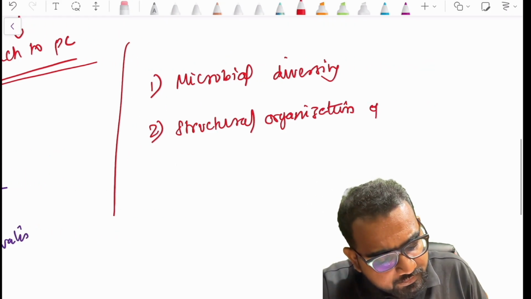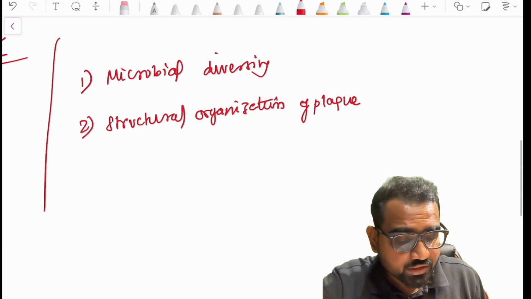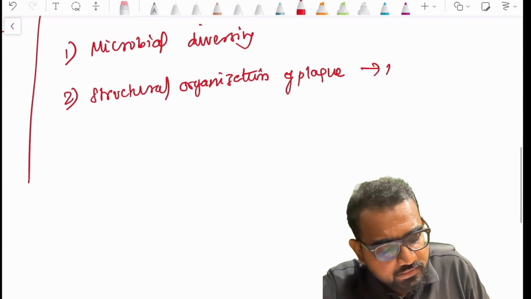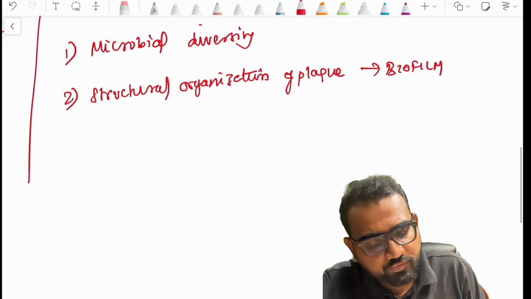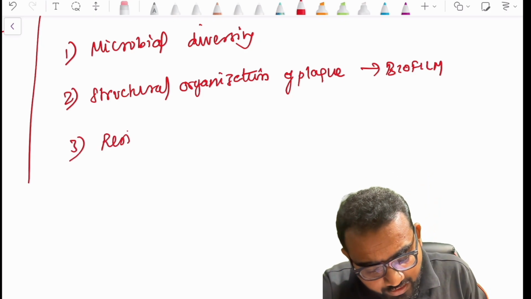What do I mean by that? The plaque is going to become a three-dimensional structure, which we call a biofilm. And the third important thing is resistance to antibiotics.